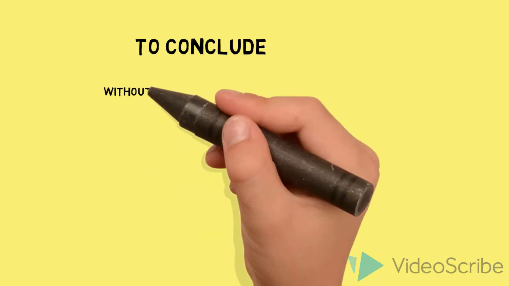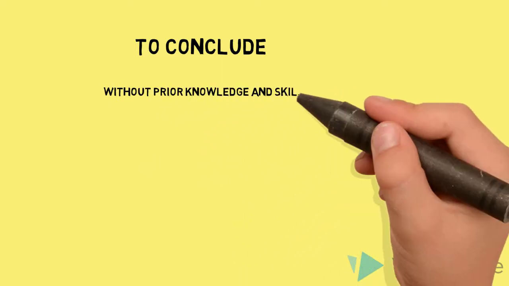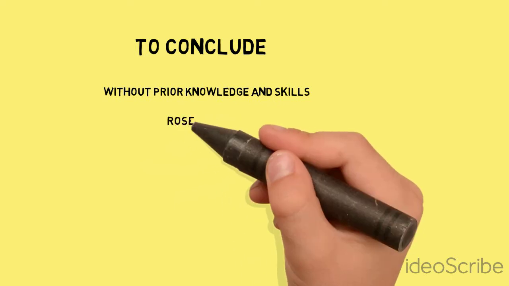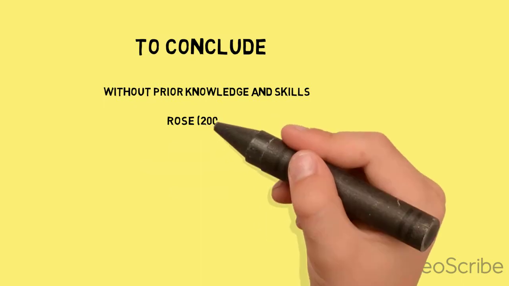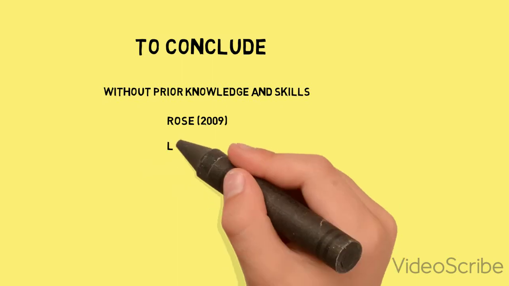To conclude, it is obvious pedagogically that some subjects go hand in hand, and children cannot have learning in one without prior knowledge and skills in another, which is key to a cross-curricular approach. As stated by Rose, 2009, this approach actively involves children in their learning, which she views as essential to a child's progress.